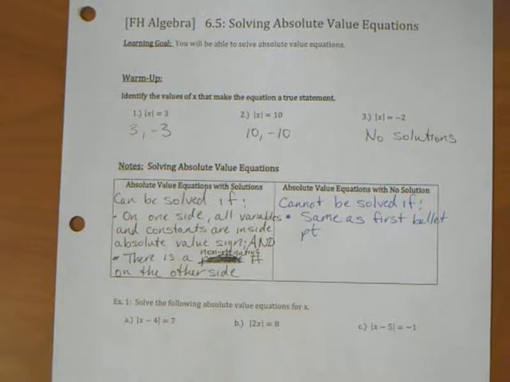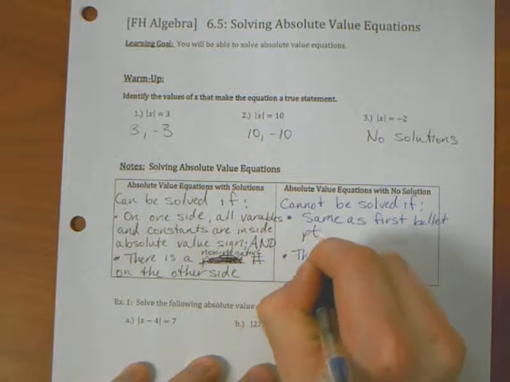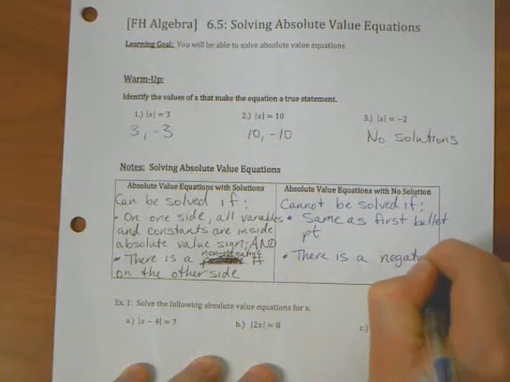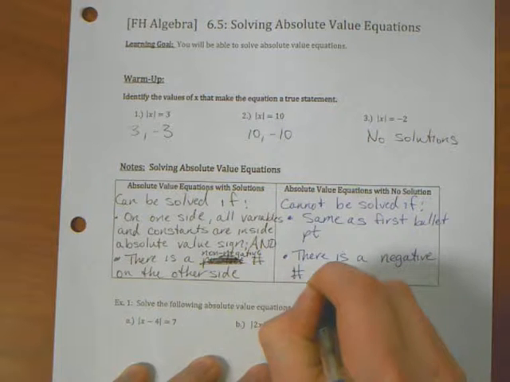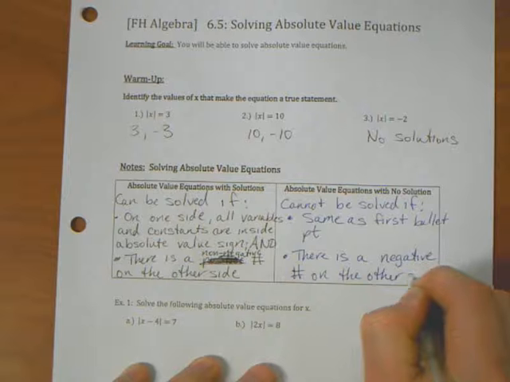So on one side, all of your variables and constants are inside the absolute value sign. And then the second bullet, there is a negative number on the other side.